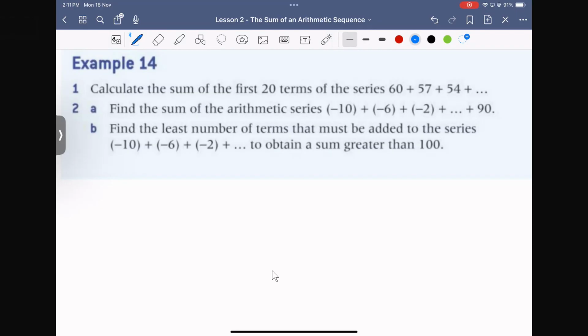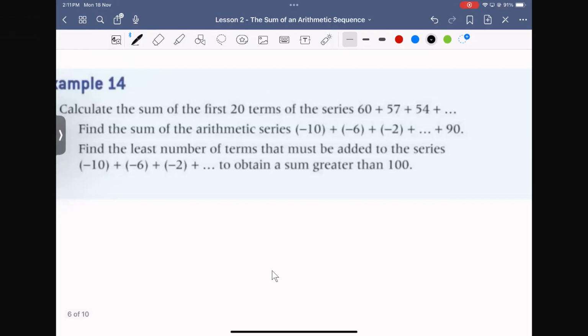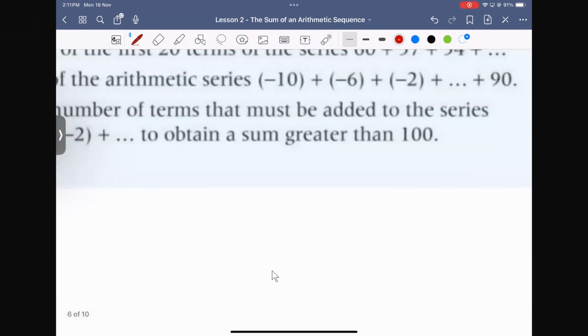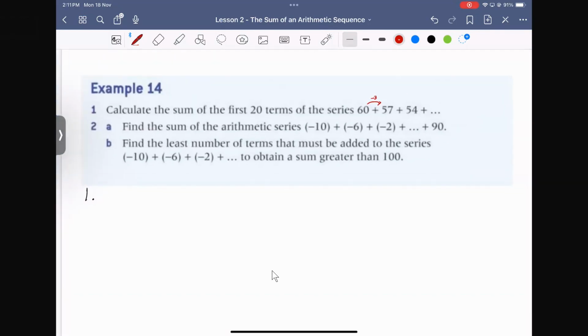All right, so we've got a couple of questions here. Calculate the sum of the first 20 terms in the series given here. So we need to find our formula. What is our common difference? Minus 3. So let's use our formula.